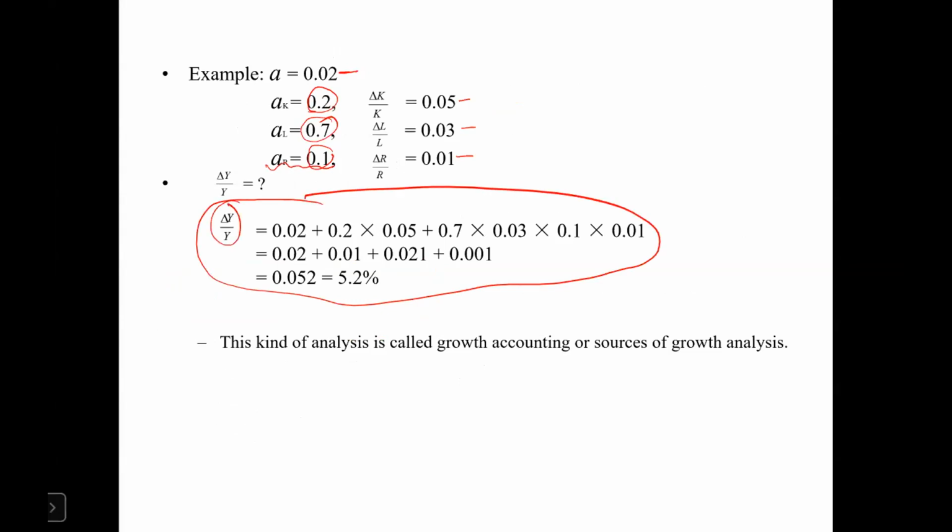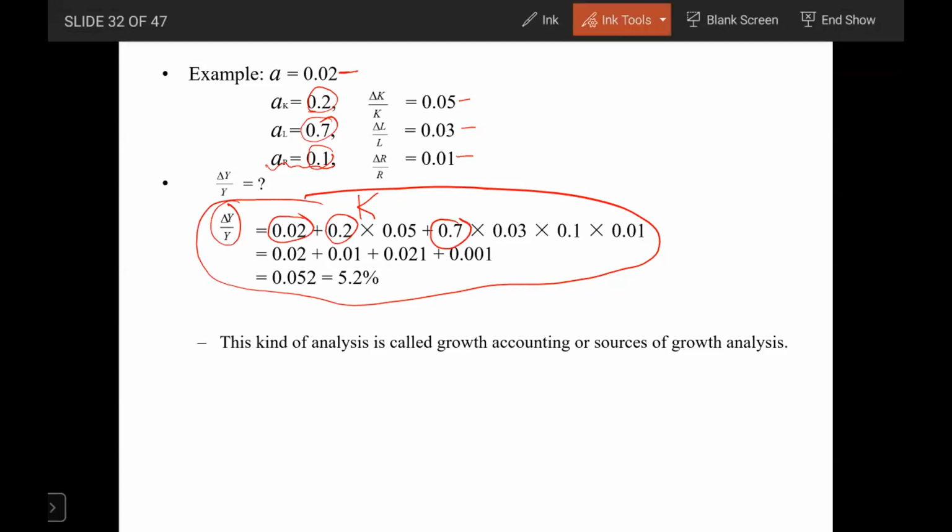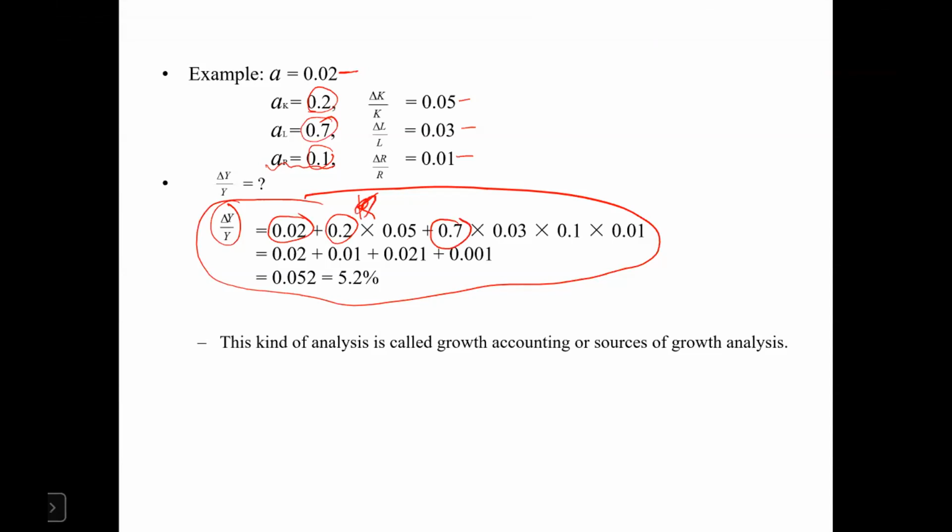So this is the observed GDP growth, coming from technology growth, this is the capital growth rate, and this is the labor growth rate. This should be a plus sign. So this is A, K, L, and finally this R. They add together to give you the GDP growth rate.